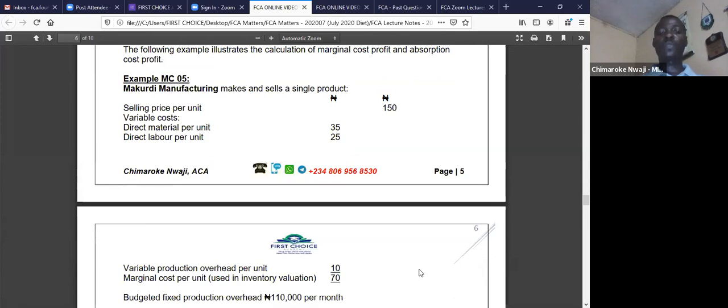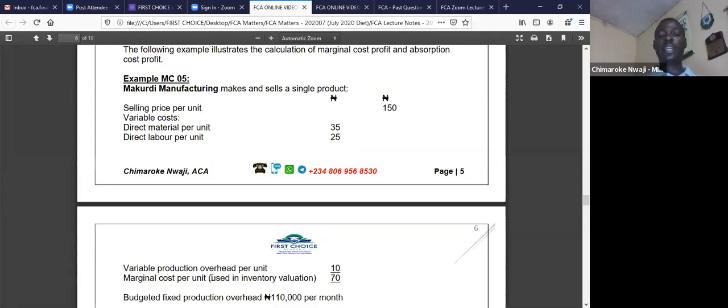Then your variable production overhead was not done using overhead absorption rate because this is marginal costing. It's in absorption costing that you use OAR. Your marginal cost per unit is 70 naira.